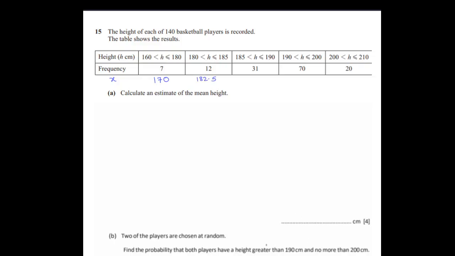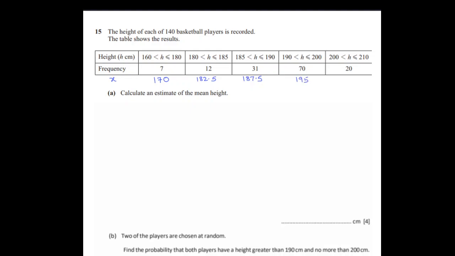Next, 185 plus 190 divided by 2, 187.5. Next, 190 plus 200, 390. 390 divided by 2 is 195.